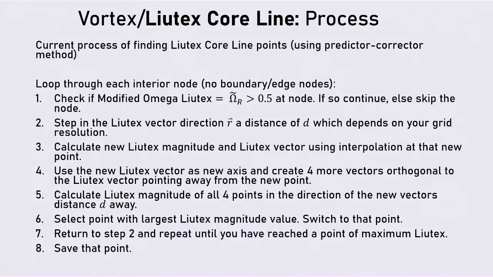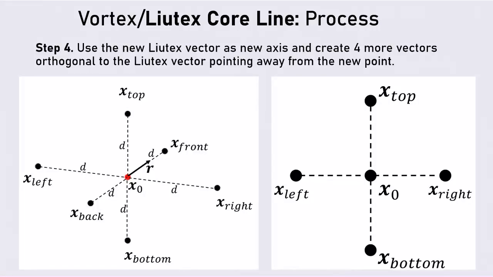Number 6, we select the point with the largest Liutex magnitude value, switch to that point, and then we return to step 2, in which we generate that little small local grid and check the nearby points again until we satisfy the conditions of the core line. If the point satisfies the conditions of the core line, we add that point to our list of core line points.